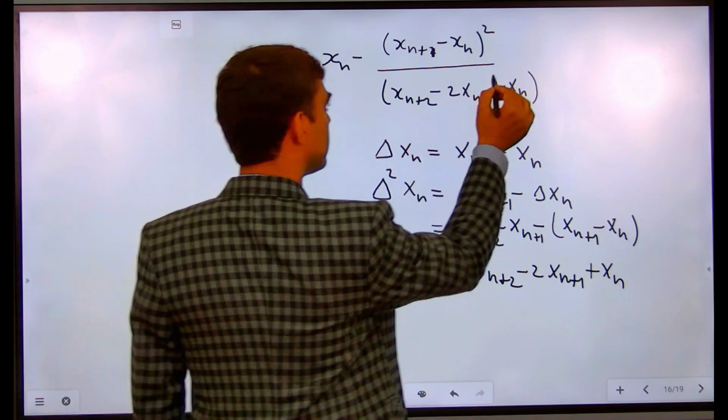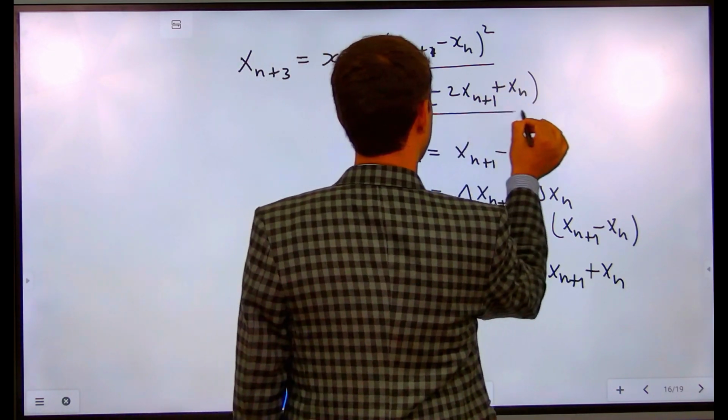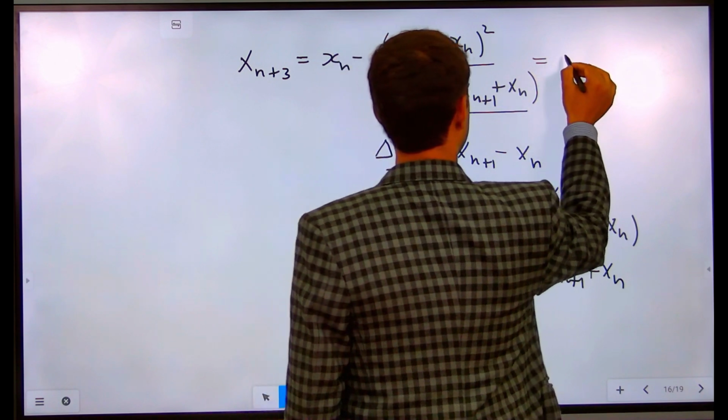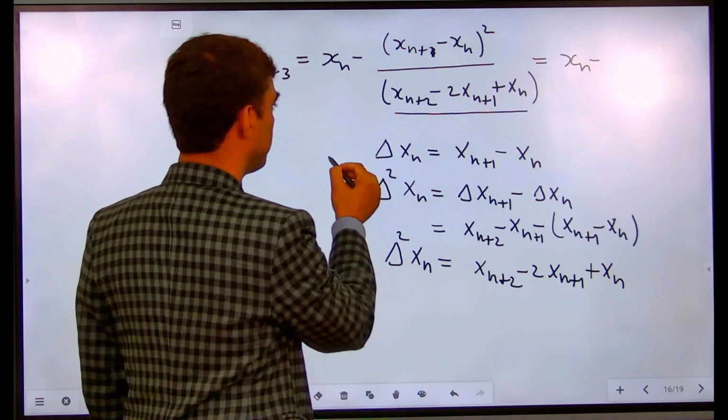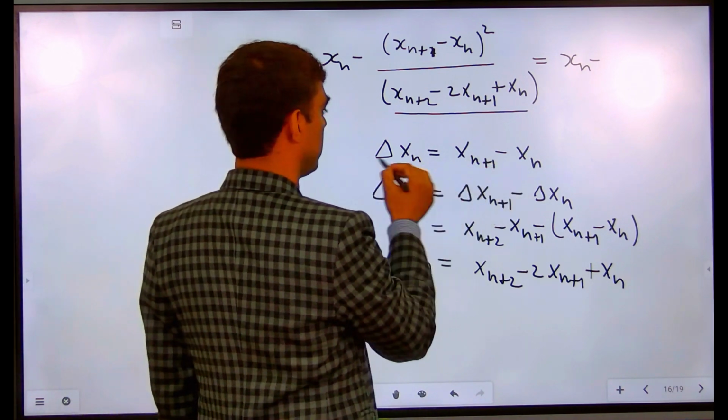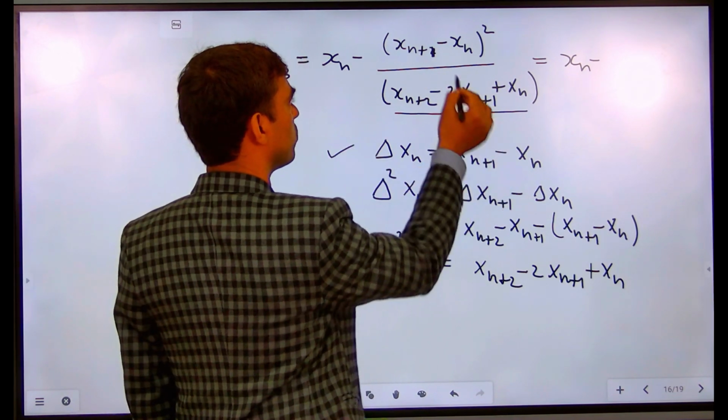So, you may replace this here: x_n minus, where delta x_n equals x_{n+1} minus x_n.